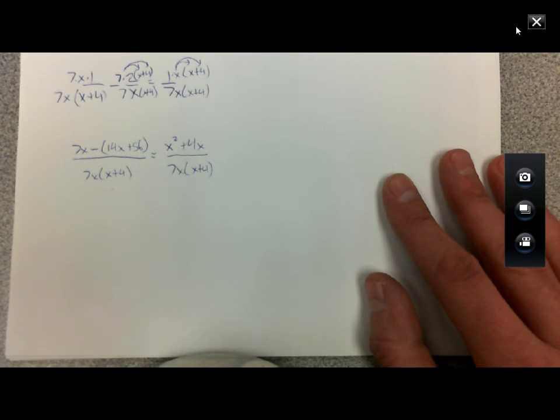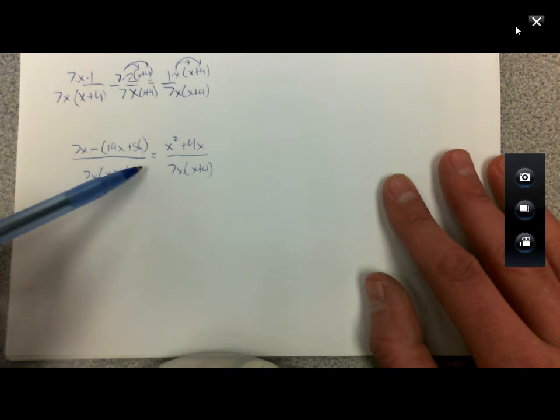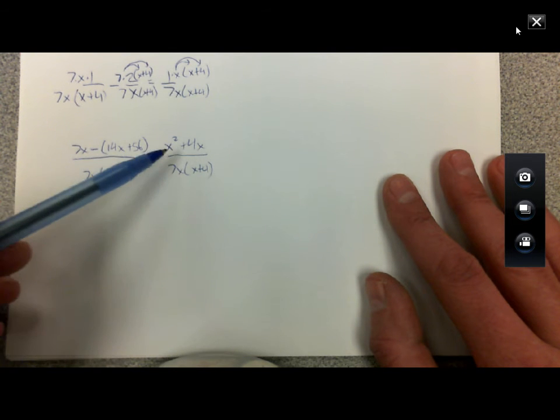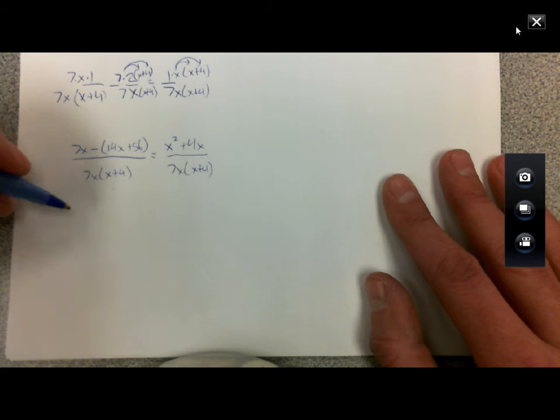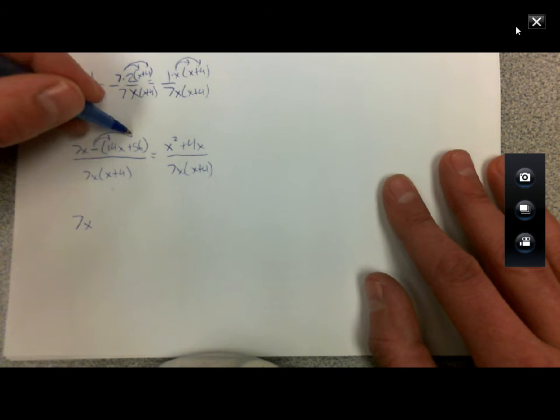Again, just like in the example I gave in the lesson, we can effectively ignore the denominator. They're already equal to each other. So for these two ratios to be equal, the numerators have to be equal as well. So let's do 7x. Again, I'm going to distribute that minus sign through.